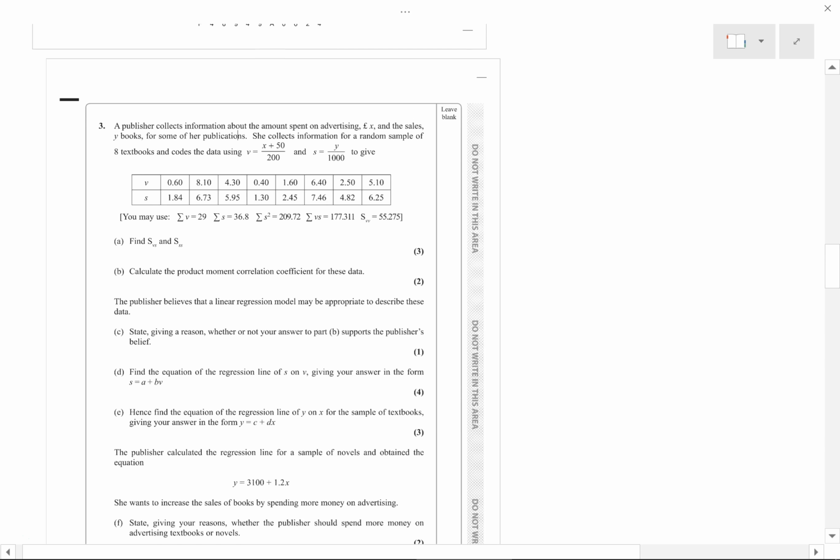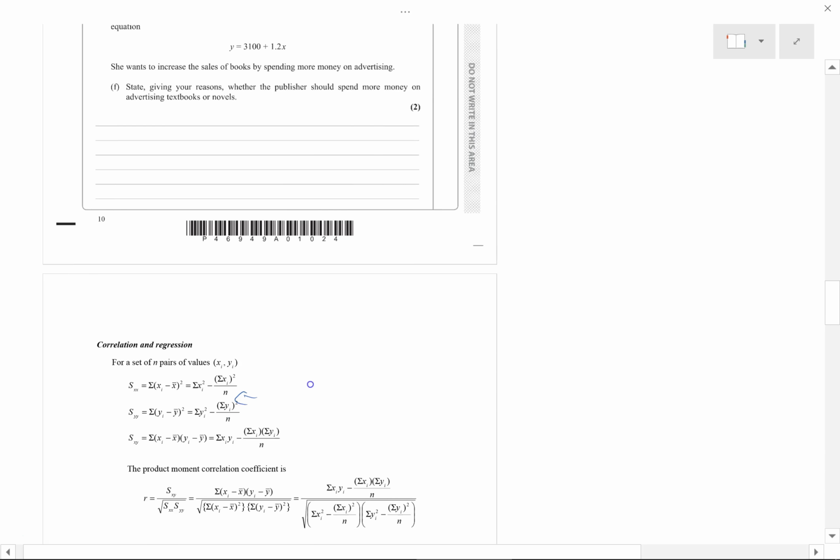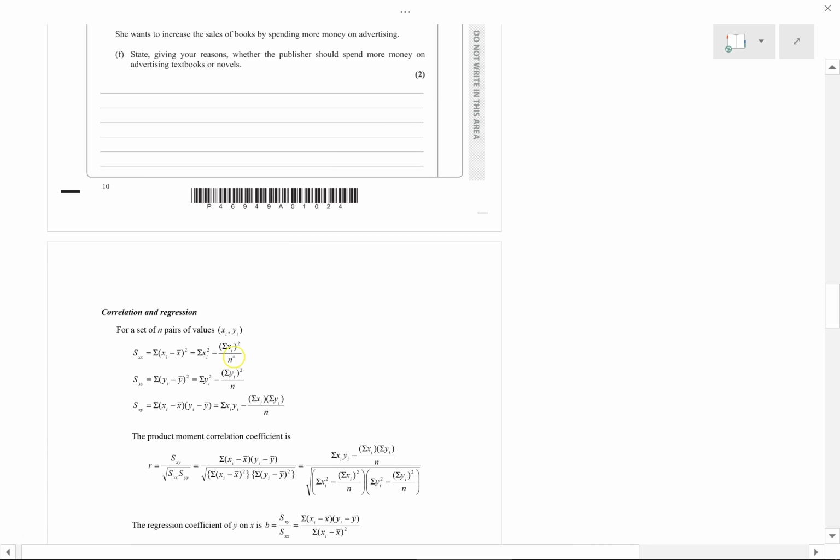So the first question is to find SVS and SSS. I said the wrong symbols, but it doesn't matter. Let's have a look at the formulae. It's this second version of the formula that we normally use.